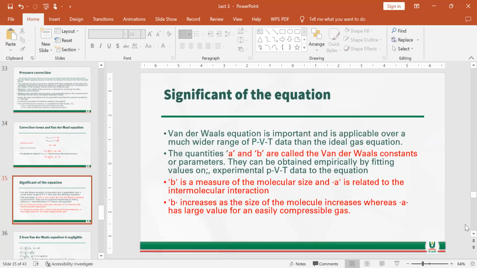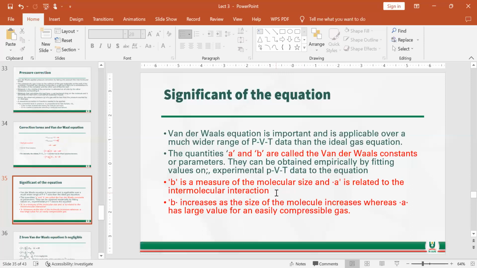So, the significance of the van der Waals equation. It's a very important equation, and it's applicable over a wide range of pressure, volume, and temperature data. The quantities a and b are called the van der Waals constants. b is a measure of the molecular size, and a is related to intermolecular interaction.